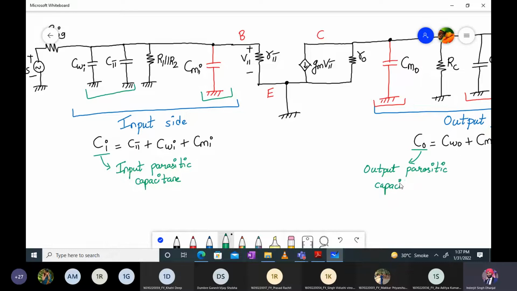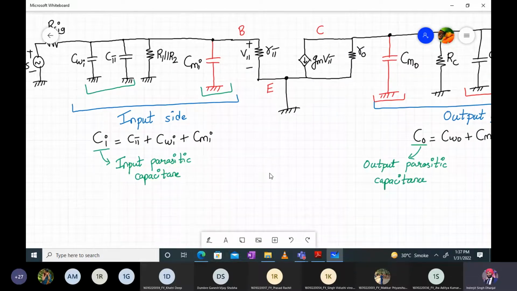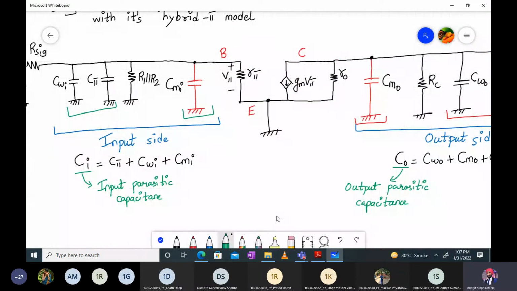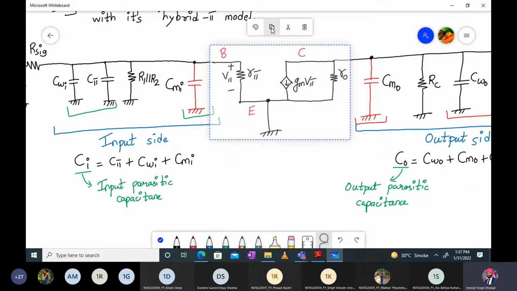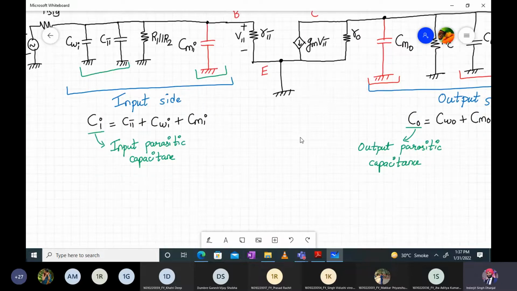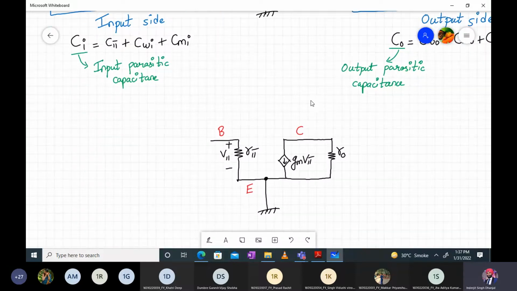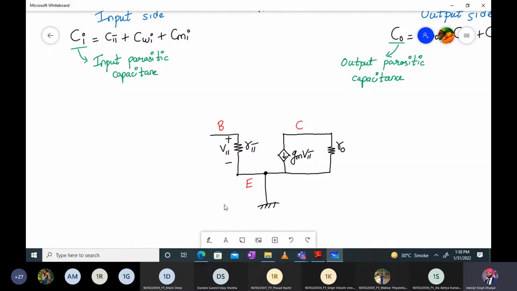Now the next step is to make a simplified form of the circuit. So let me do it again. I will cut this part of the circuit because I will be utilizing it. You all draw it again in your books. So I will simplify the circuit further now. Yeah, we have this much, right? At the input side, what do we have?